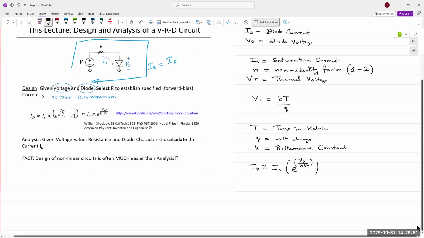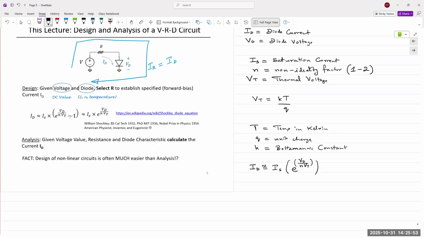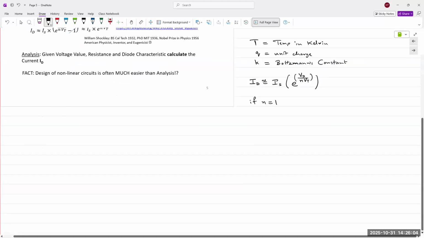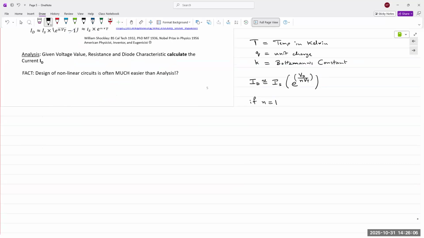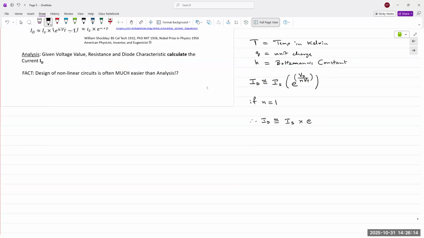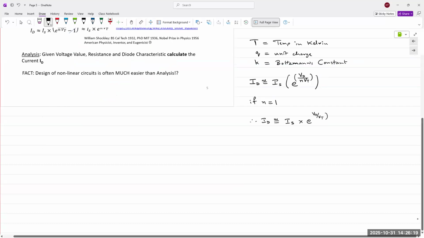Also, if N is not given, we assume it to be 1. And so then we can make a further reduction. And I can write ID is approximately equal to IS times e raised to VD over VT.